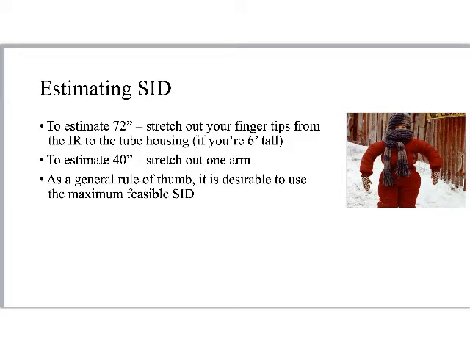If you know your height, which most of us I hope do, and you put your arms out, you have a way to estimate some distance. And then you could just add or subtract from there if you need to. If you need to estimate 40 inches, just put out one arm. As a general rule of thumb, it is best to use the maximum SID needed for the exam. And again, that's because it's going to improve image sharpness.